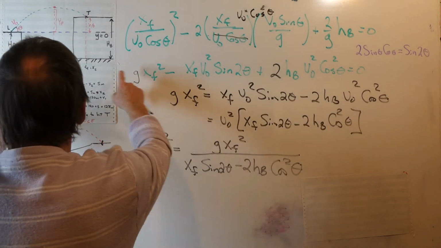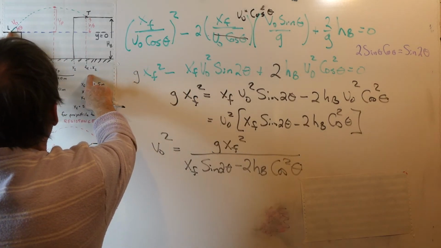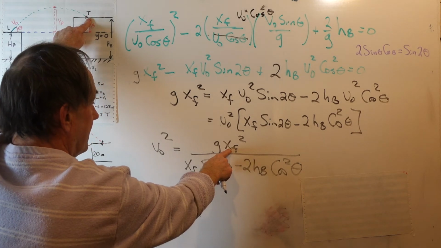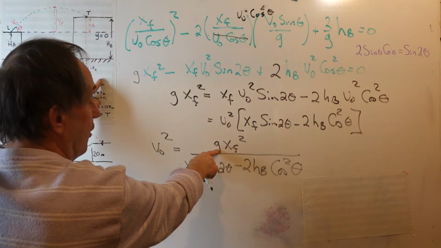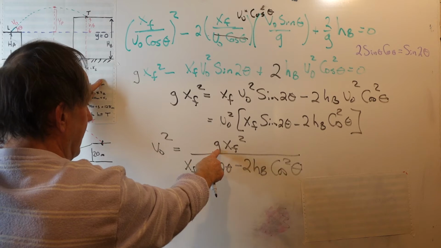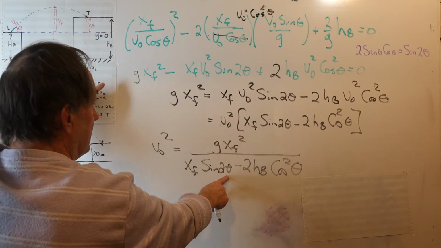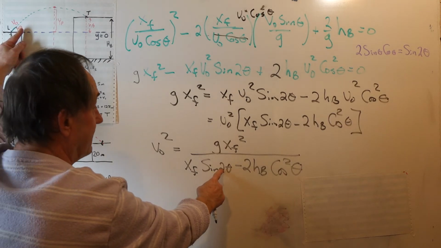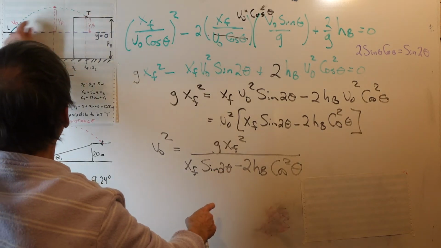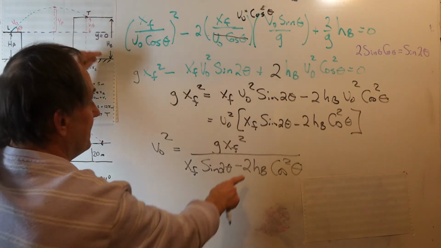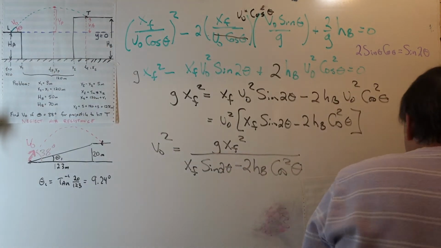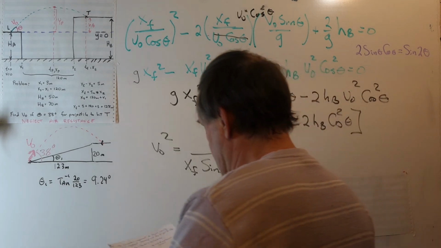That is, we know the distance from the launcher to the target, xf, in the horizontal direction. We know the acceleration due to gravity, and we know the angle at which we're shooting the projectile, and we know the height difference between the two buildings, hb. So we've now solved for our projectile velocity that we need.